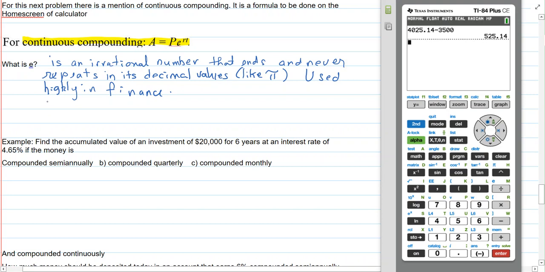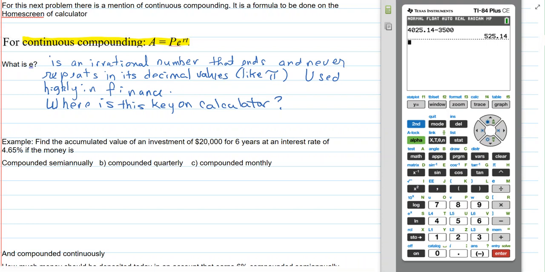So where is the key? This key is using the second ln, e to the x.